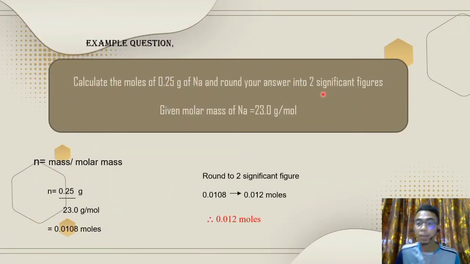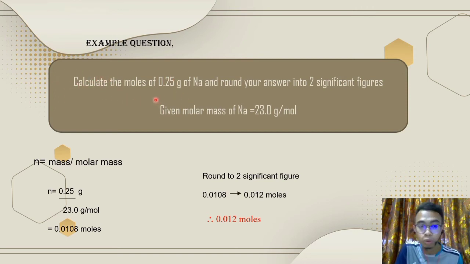This is an example related to the question. The question is: calculate the moles of 0.25 gram of natrium and round your answer to two significant figures. Given molar mass of natrium equals 23.0 gram per mole. How can we solve this problem? First, we make sure what the question wants, which is to calculate the moles.